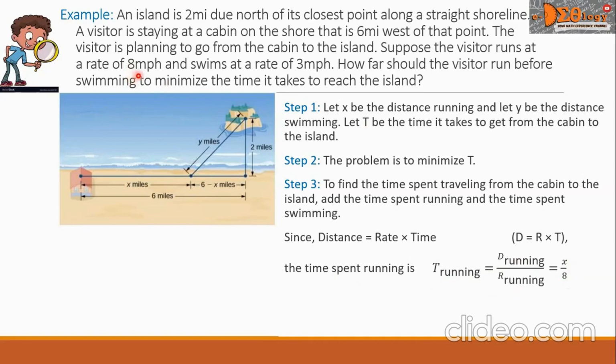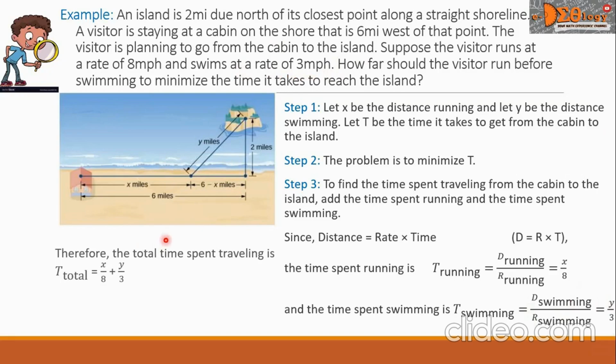While the time spent for swimming is capital T sub swimming equals D over R, D sub swimming over R sub swimming. And the value here would be y over 3. This 3 here is given from the problem, which is the rate of swimming, and that is 3 miles per hour.